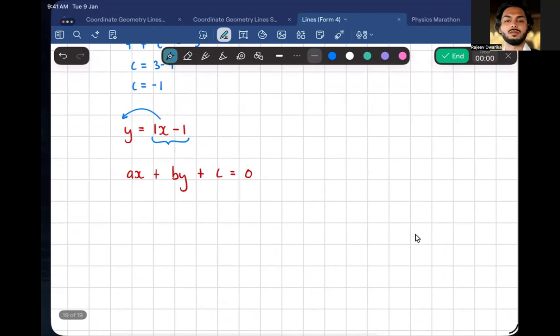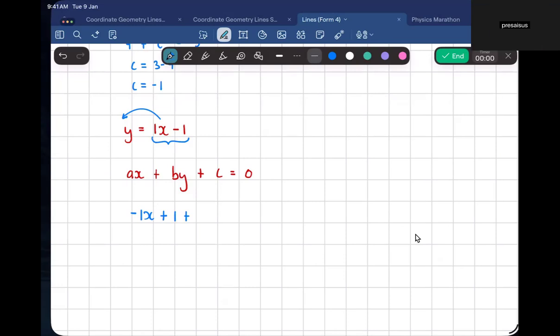So tell me, Perseus, if I take the 1x minus 1 and I bring it across, what shall I write? Negative 1x plus 1. Plus 1, or plus y?